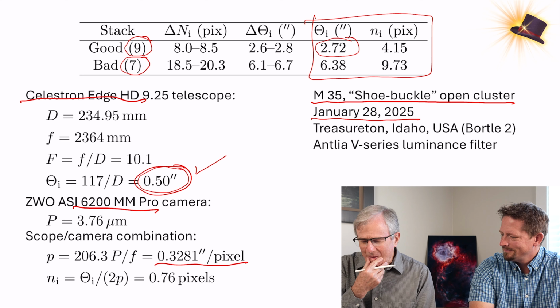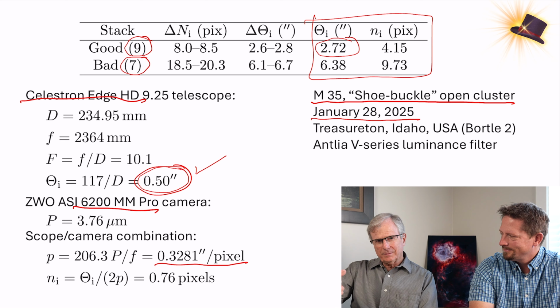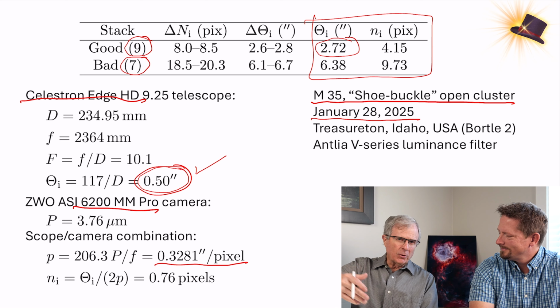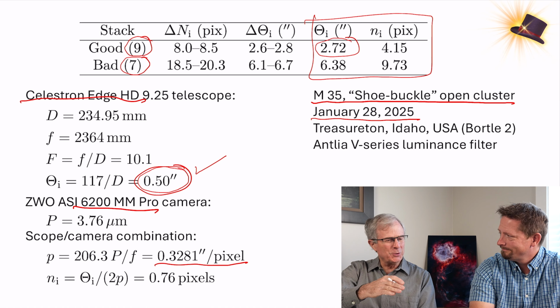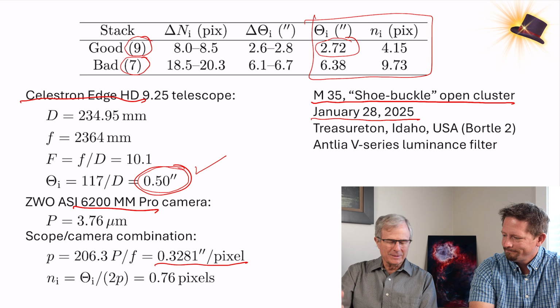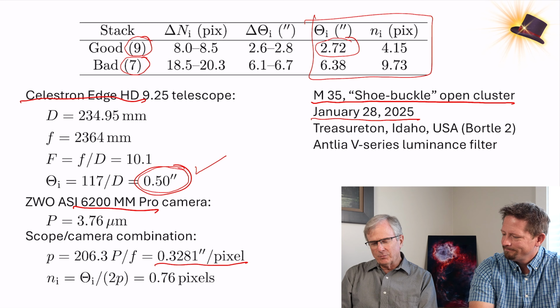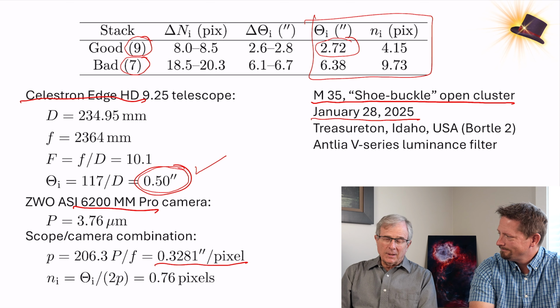In fact, comparing it with the seeing categories that we discussed in the previous video, that would fall into the poor category, which is between 2 and 4 arc seconds for the full width at half max. And so you're saying, that's not very good data, Boyd. And I'm saying, well, in my defense, in Treasurton, it was a windy night.